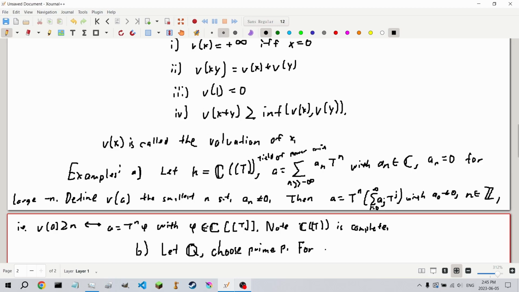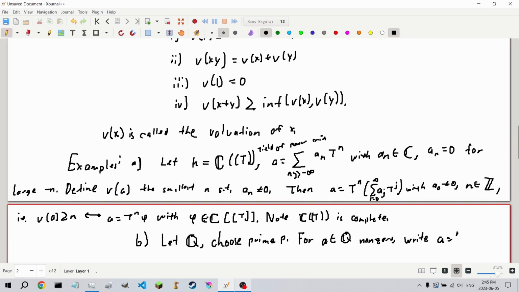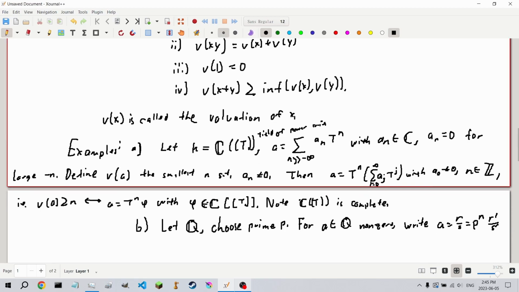For any non-zero rational a, we can write a as r over s, or alternatively as p to the n times r prime over s prime, where r prime and s prime are integers coprime to p. So p does not divide r prime or s prime.